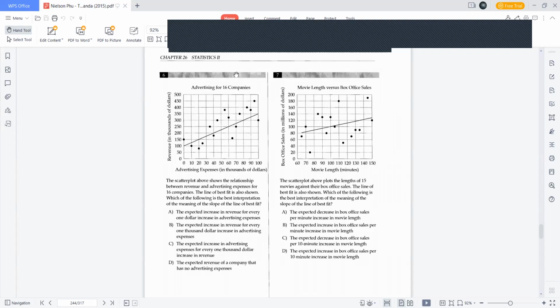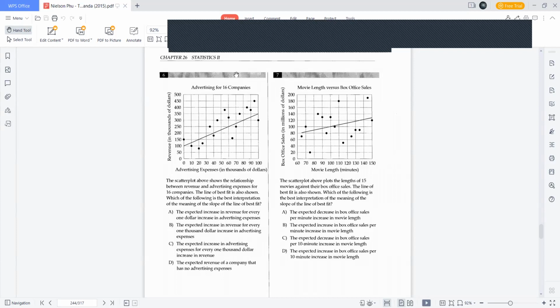Now the difficult part is that this is between A and B, right? A says the expected increase in revenue for every $1 increase in advertising expenses. And B says the expected increase in revenue for every $1,000 increase in advertising expenses. And between these two, I really don't know which one it is, because the way I would calculate it is that I would factor in the 1,000.